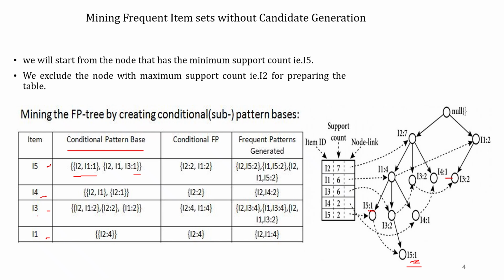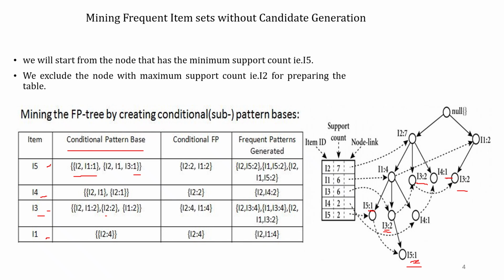Then when we come to I3, you have one I3 here, one I3 here, and one I3 here, so three paths. You have I2, I1 to I3, where the support count of I3 is 2. The next path passes only through I2, where the support count of I3 is 2.